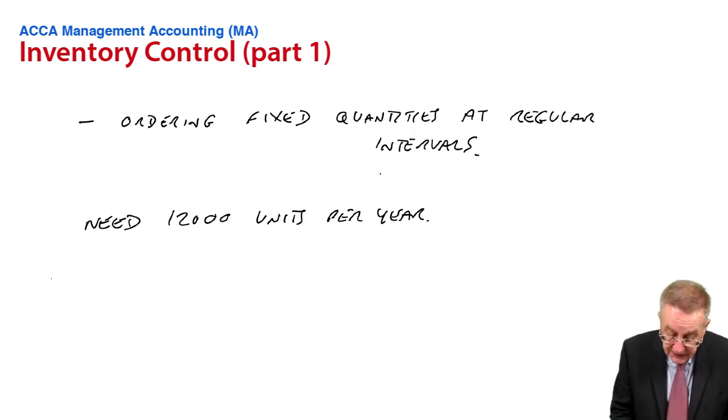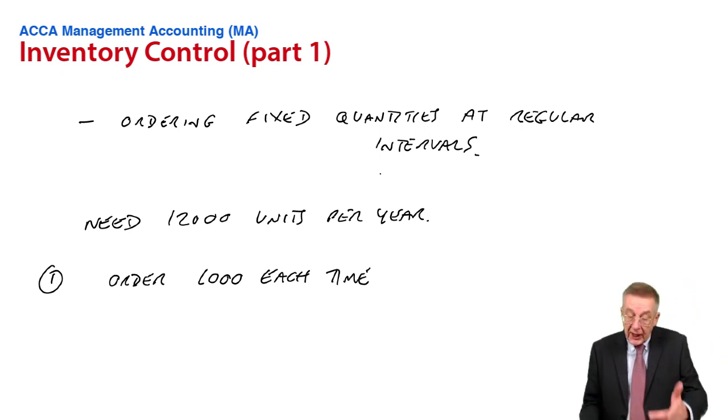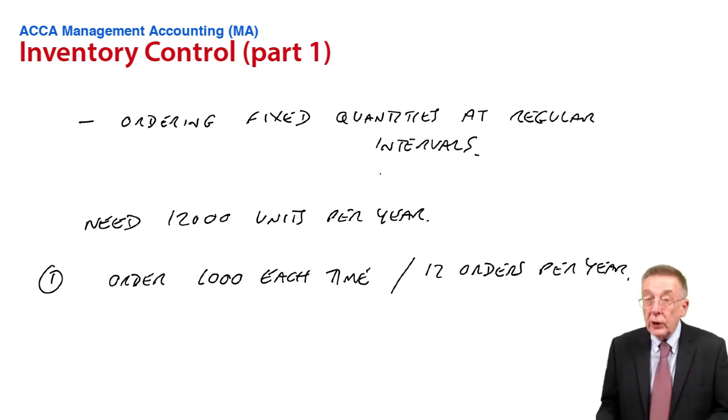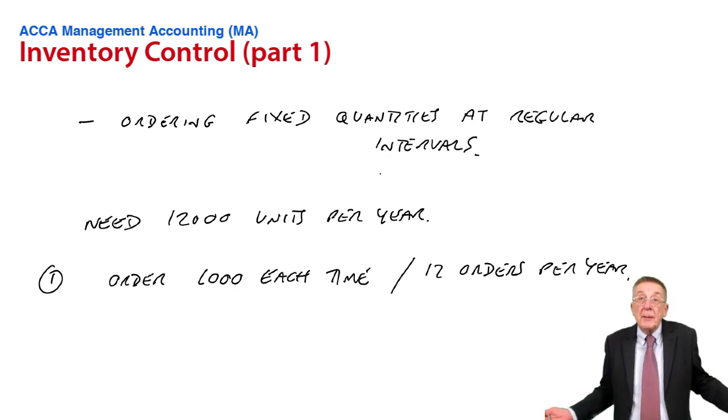So, for instance, we could order 1,000 each time, in which case we'd need 12 orders a year. So we'd order once a month, a fixed quantity each time, 1,000. That's one way we could order it.